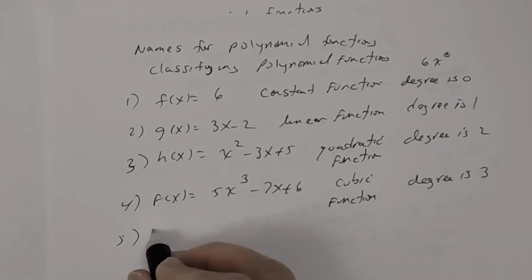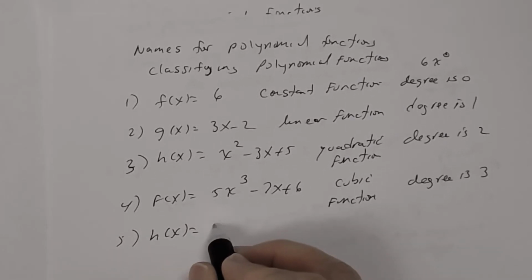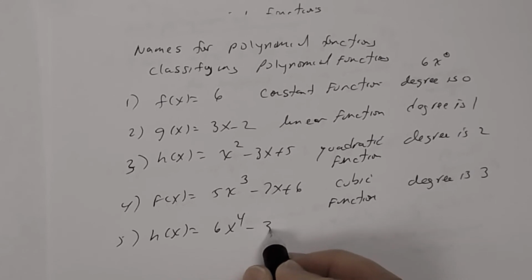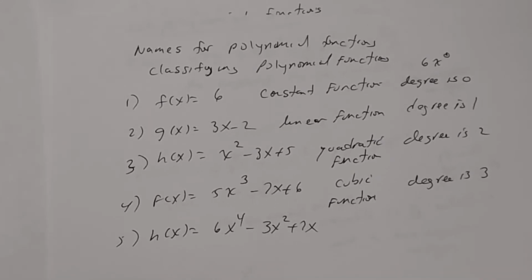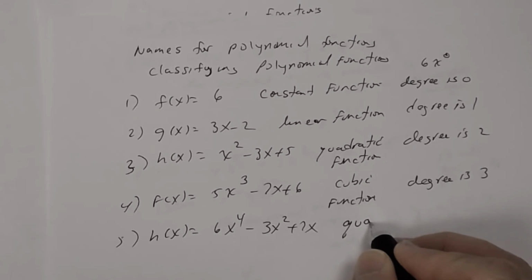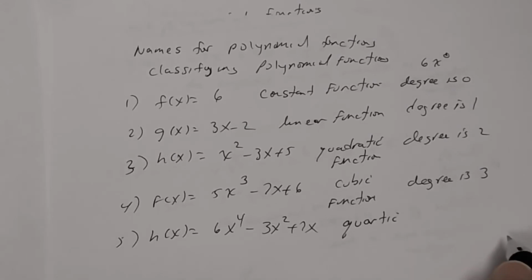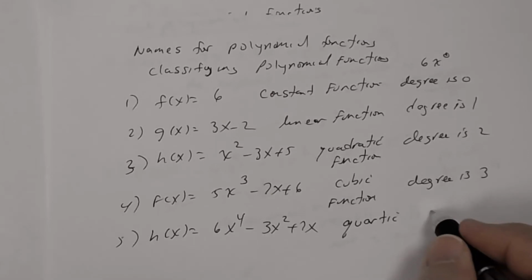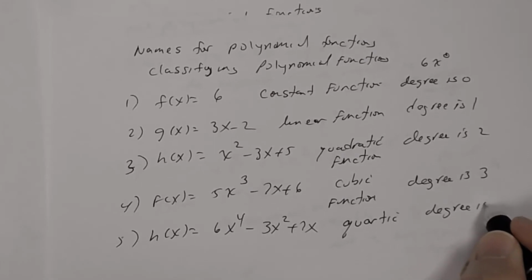Number 5, h of x equals 6x to the 4th minus 3x squared plus 7x. What is the degree? The degree is 4. So that's called quartic, Q-U-A-R-T-I-C. The degree is 4.